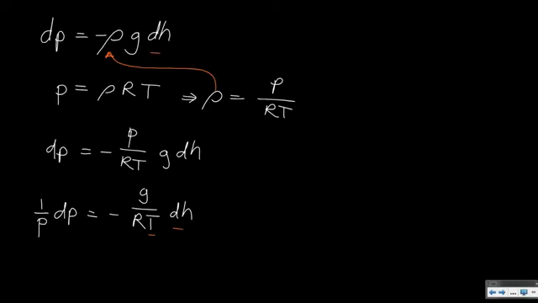Well, from the graph, we saw that the temperature changes linearly, which means that we can write the temperature at any altitude 1 equals a starting temperature plus the temperature gradient times the difference in altitude. And this is called the formula of Toussaint, which gives the temperature as a function of altitude.